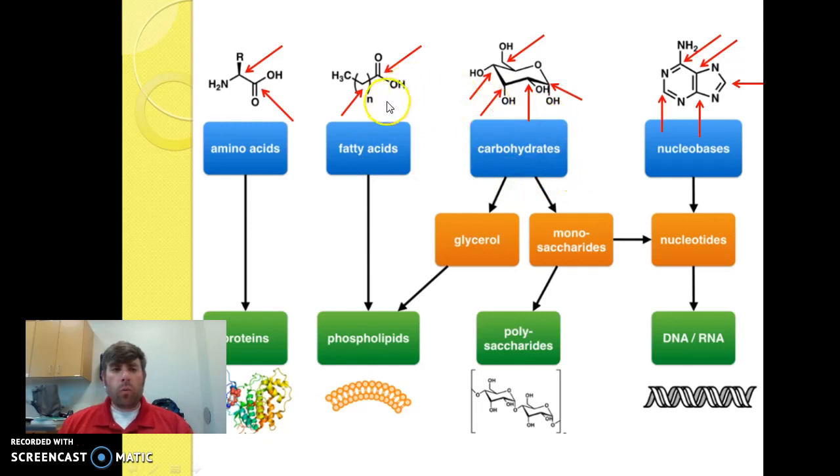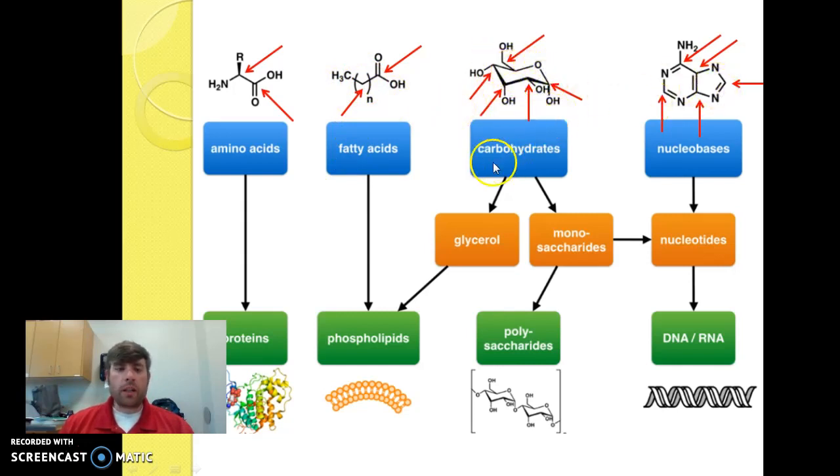Okay, now where does carbon come into play? I see one carbon here, and that's it. Well, take a look at those red arrows. Wherever you see those red arrows, that is actually a carbon in this molecule. So this is an example of a fatty acid. So there's a bunch of carbons that could be here. There's a carbon at each one of these points.